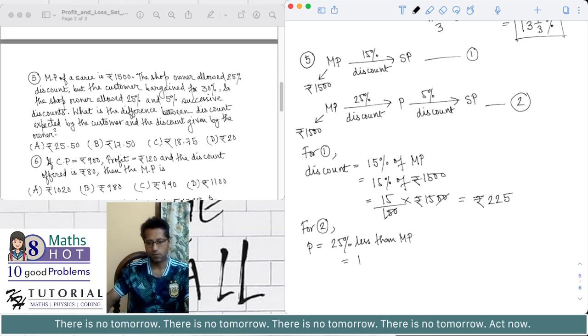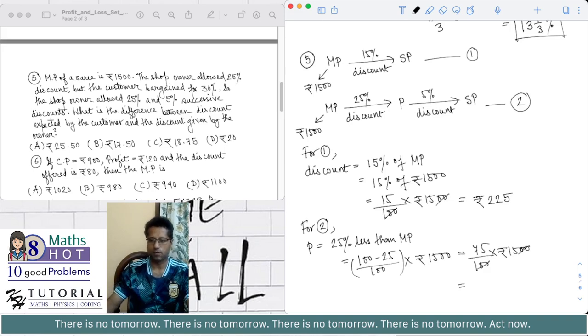This is equal to 100 minus 25 divided by 100 multiplied by rupees 1500. This is equal to 75 by 100 multiplied by rupees 1500.